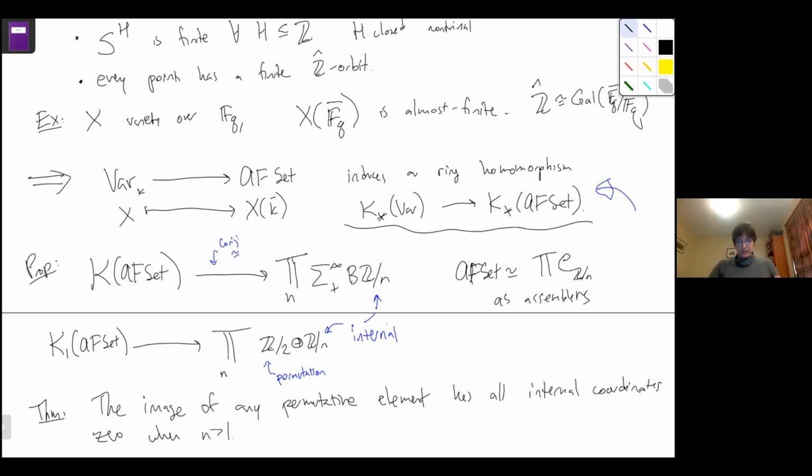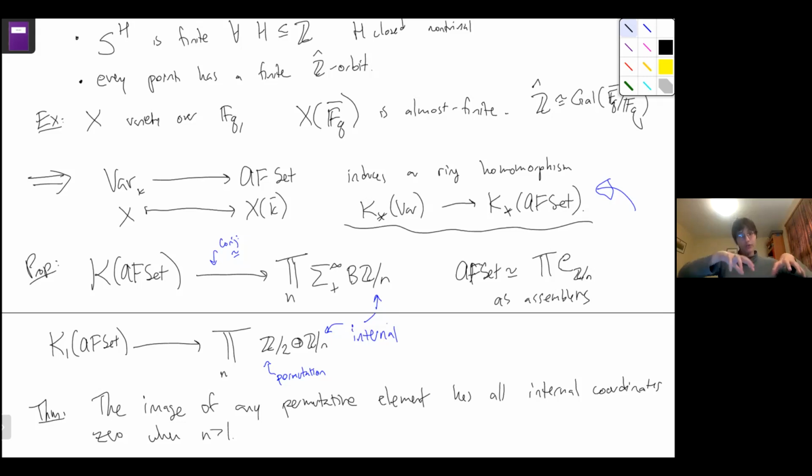So what does this mean? What is actually going on? What's happening is that this K theory of almost finite sets splits every almost finite set as a disjoint union of orbits under Z hat. Each orbit of every element under Z hat is finite, so it just looks like a circle of Z mod n of some size that's being rotated by Z hat. So you have this set, and an automorphism of that set, a piecewise automorphism of a set, by the way, is just an automorphism of the set because the set has no structure other than its elements.